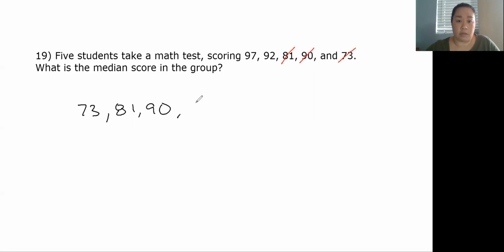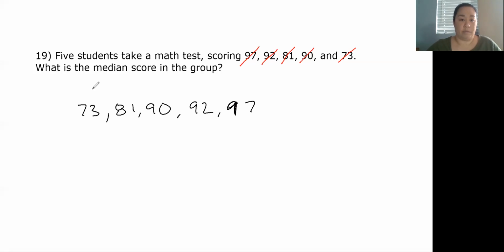And I got 92. And write them spread out a little bit like this. That way you make sure you don't make any mistakes. 97. Okay, so I have 1, 2, 3, 4, 5 numbers. Supposed to have 5 numbers. That means I got everything. Make sure you double check. You don't want to make a simple mistake as you forgot to write a number, right?